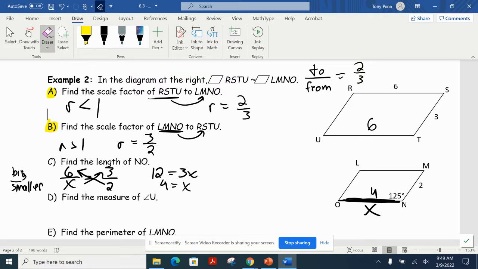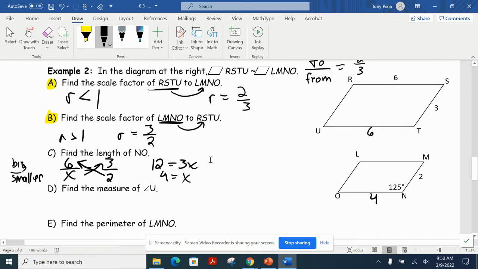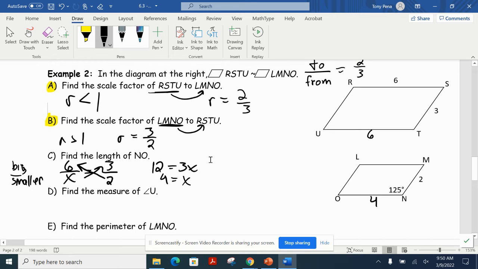All right, D, find the measure of angle U. Since these are similar, it satisfies the idea that all corresponding angles are congruent.